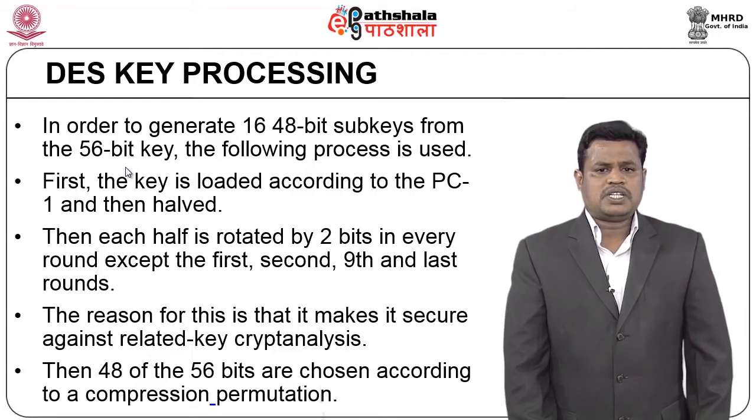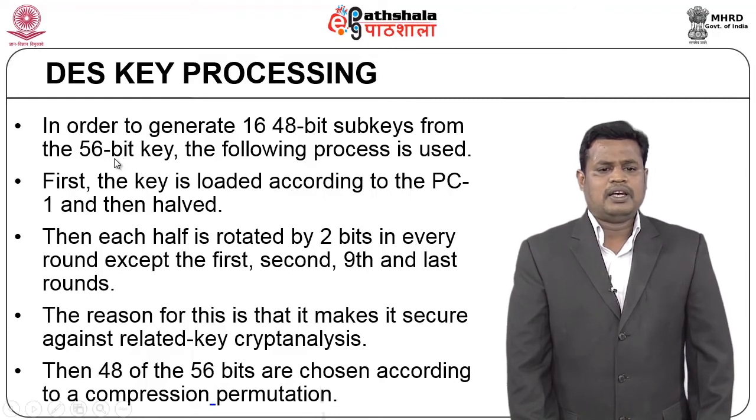So, from 64 it is changed to 56 bit key. That dropped bit is called a parity bit. After dropping the parity bit, we will get back a 56 bit key. So, this 56 bit key is then converted into 48 bit sub keys. That process is explained in the following.